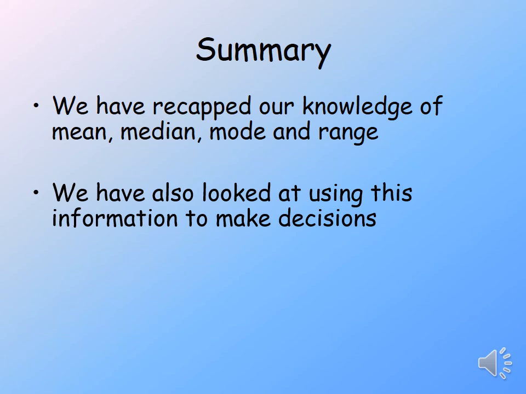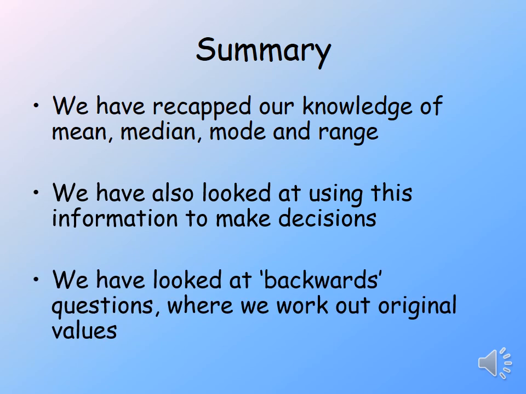These sorts of things are used in real life, so obviously I have simplified it for this level. And we've also looked at what we call the backwards questions, where you have to go back to original values. So that is the end of today's session.